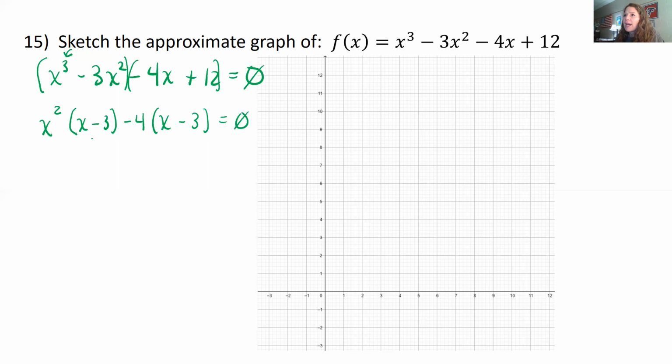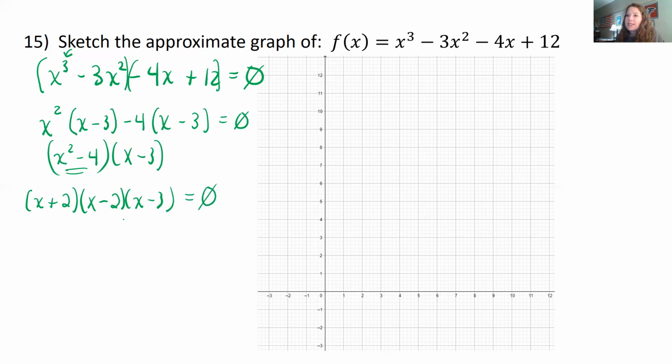So that means our two binomials would be x squared minus 4 times x minus 3. Well, then this, do you notice, is the difference of two squares. So we find the square root of x squared, square root of 4. One gets a plus and one gets a minus. And then x minus 3 is part of our answer.